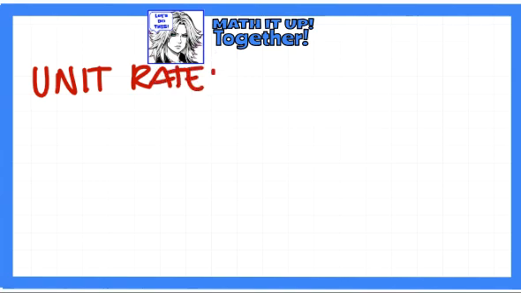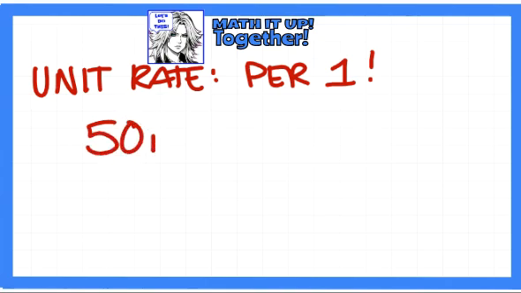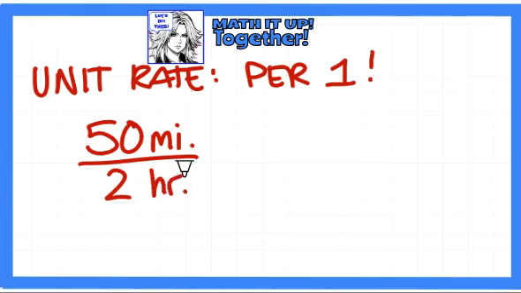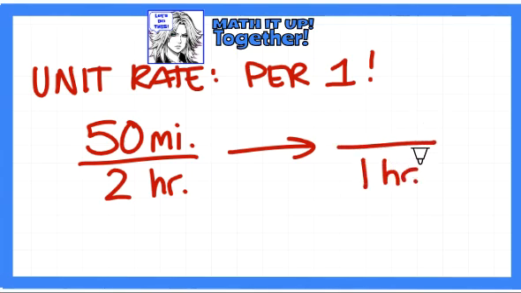And a unit rate takes a rate and asks what would that be per one. So this means we're going to look at it per one. If we take our example, 50 miles were driven in 2 hours, what we're looking for is how does that look when we only have one as our unit, so 1 hour.